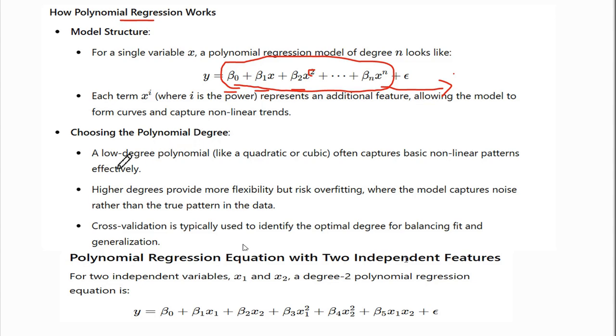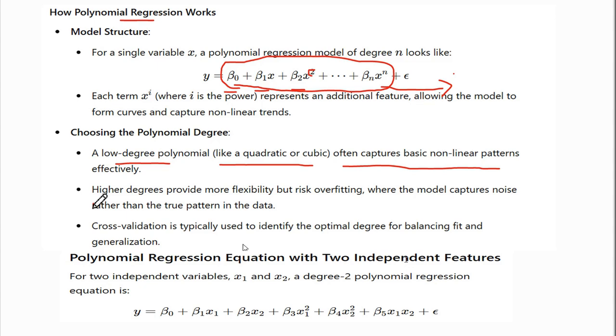A low degree polynomial like quadratic or cubic often captures the basic nonlinear patterns. If you take a high degree for the polynomial equation, the high degree value may give a complex model.